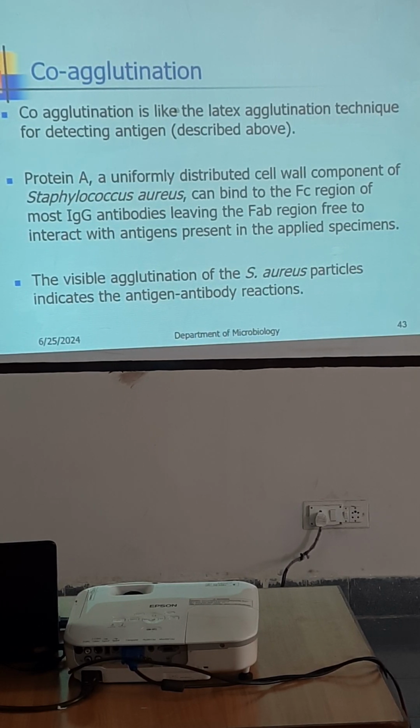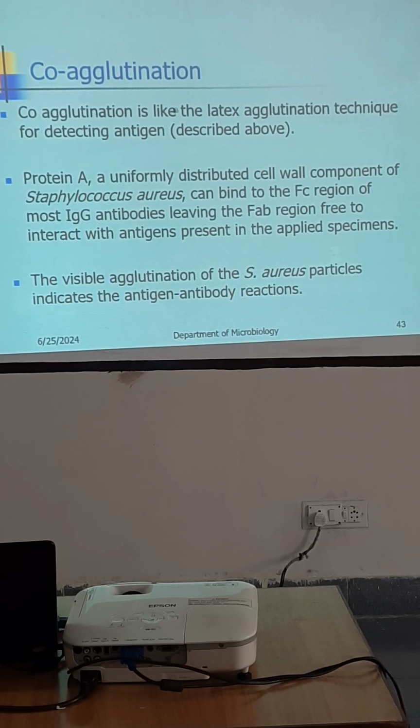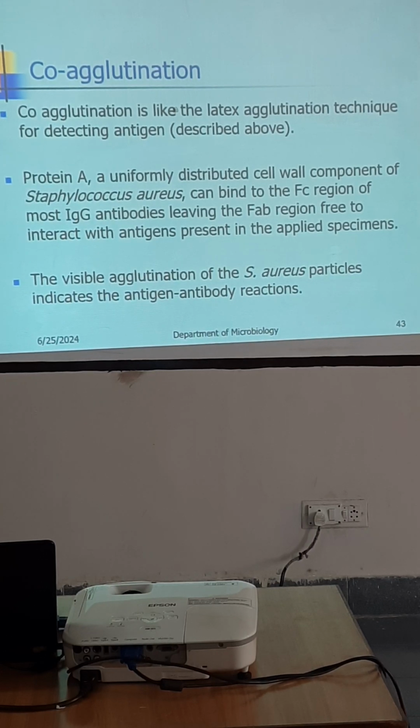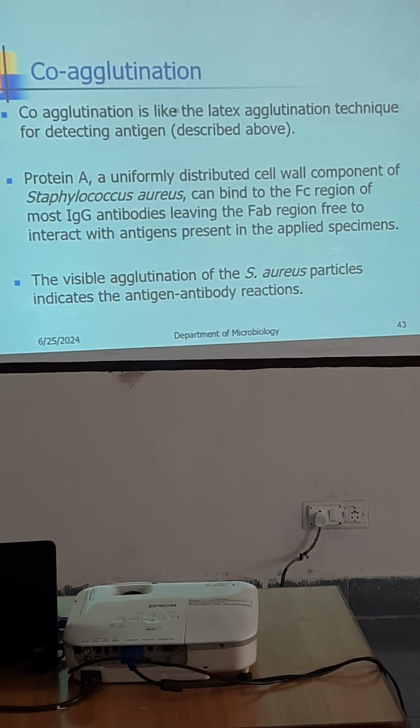Now the next test is the co-agglutination test, which is like the latex agglutination test, an agglutination technique for detection of antigen as described above. Protein A is a uniformly distributed cell wall component of a particular strain of Staphylococcus aureus, known as the Cowan 1 strain. This protein A can bind to the Fc portion.